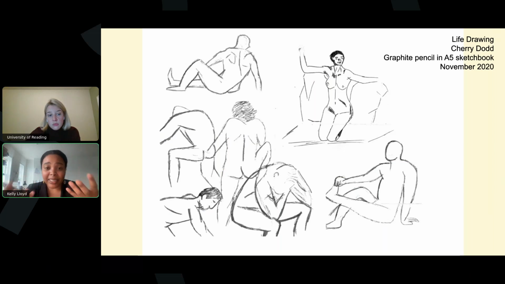Instead, what it seems like is a genuine interest in life drawing, which is an easy thing that anyone can do. Again, if you're looking to add more depth to your portfolio, take a line drawing class, draw your friend, draw yourself. But this is one example of a way that you can include multiple images within the same slide, but have it not be distracting because they share something in common. In this case, a way of drawing.